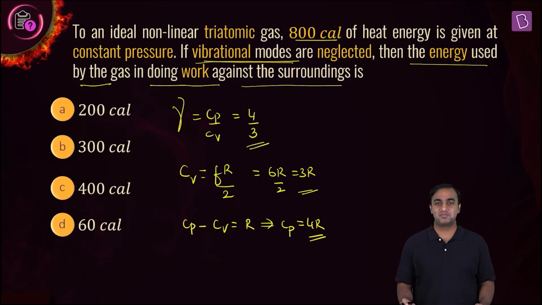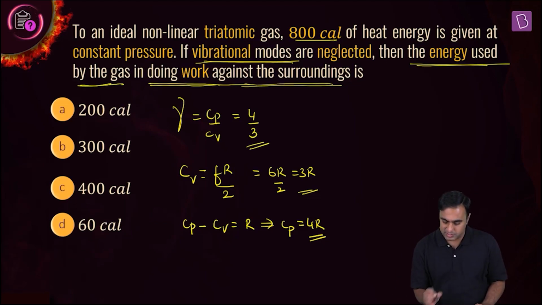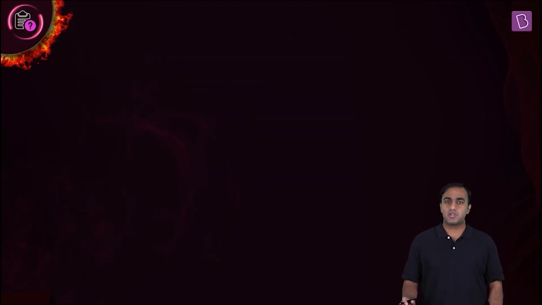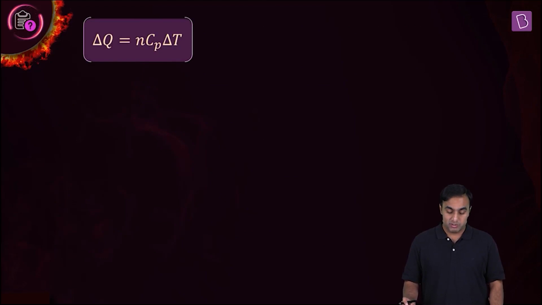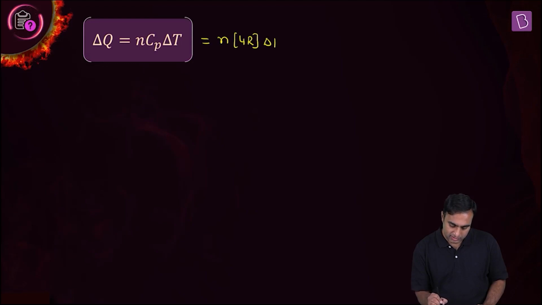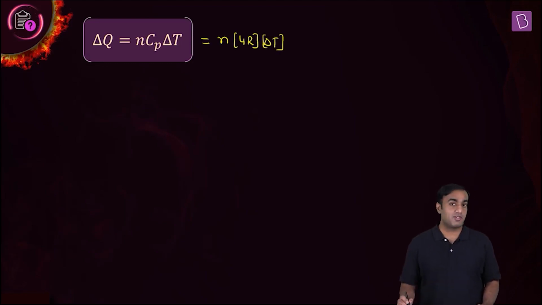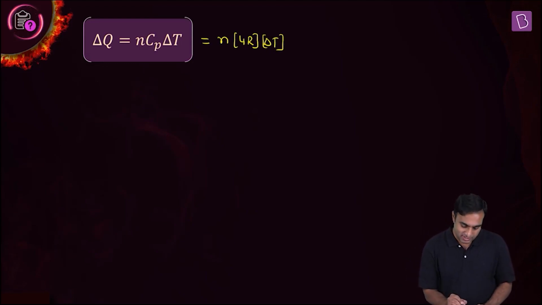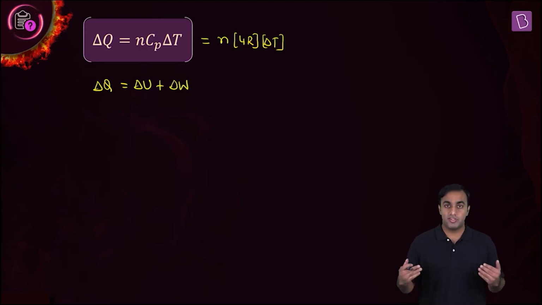We need this information. Now, we are supposed to find the energy used by the gas in doing work against the surroundings. Let's look at the application of first law of thermodynamics, because we are looking at calculation of work done in this process. So, delta Q for this isobaric heating can be written as n Cp delta T, which we know now to be n into 4R delta T. And first law of thermodynamics for this process tells us delta Q equals delta U plus delta W. What do we need here?